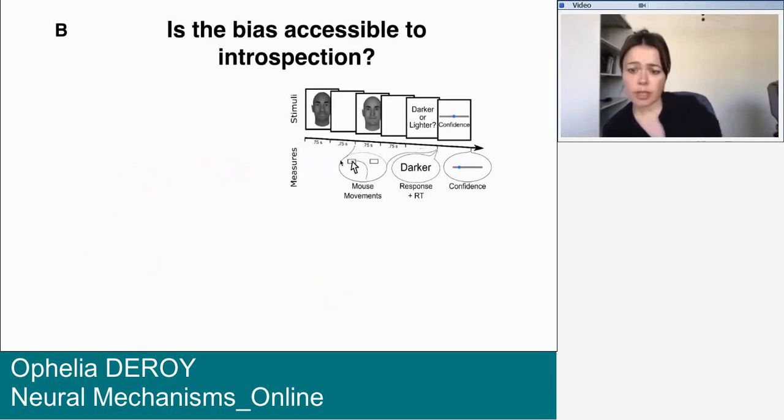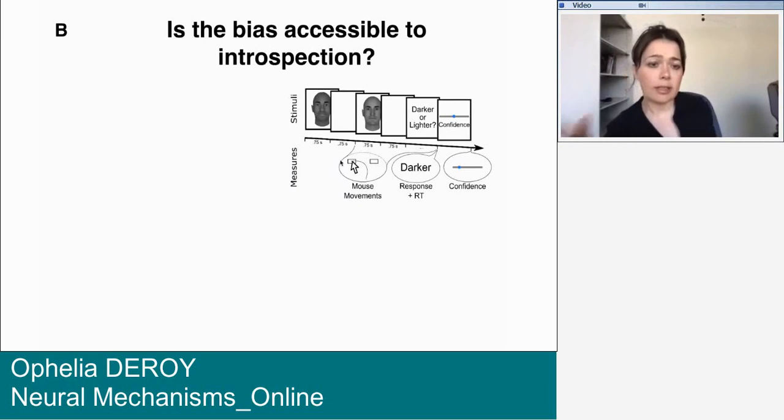The second manipulation that we did was this time to ask participants to be more reflective on their decision. The way it's usually done in the literature, and I've done quite a lot of work on this, is to look at how confident people will be in their perceptual decisions. So instead of just deciding whether the second face was darker or lighter, participants were also encouraged to say how confident they were that their response was correct.